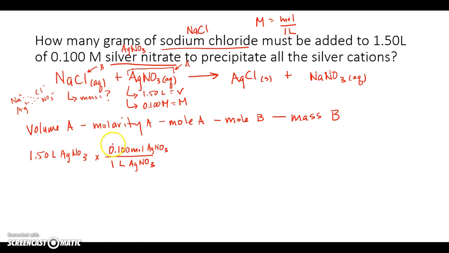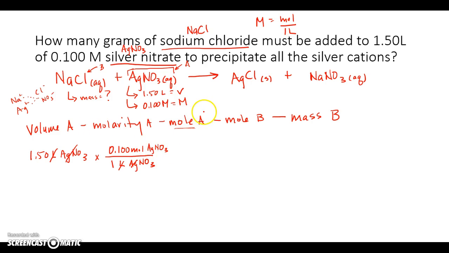And the reason I want to do this, because remember this is the same thing as saying this here, is that it allows me to cancel out my liters and silver nitrate, which is what I'm going to do. And this automatically gets me to this point right here, because now I have my mole A as an answer. So by doing this step, I'm actually doing 2 steps in one.